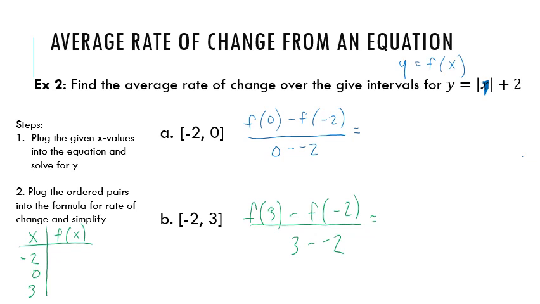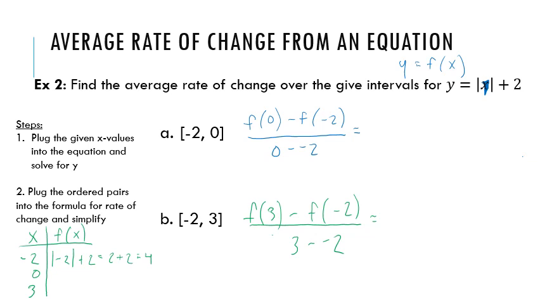So I'm going to have the absolute value of negative 2 plus that positive 2. When we plug negative 2 into the absolute value, it's the same as positive 2. 2 plus 2 would be 4. So f of negative 2 equals 4.